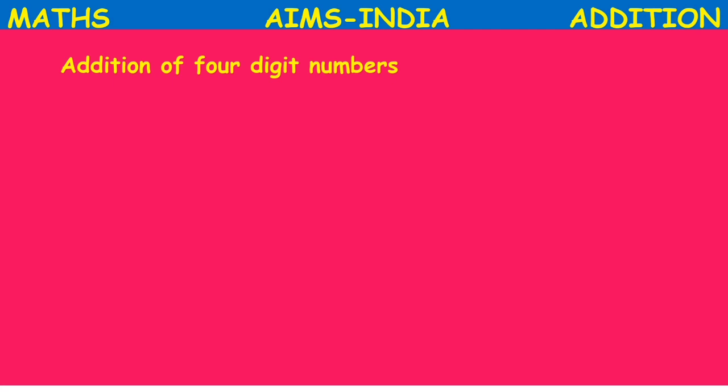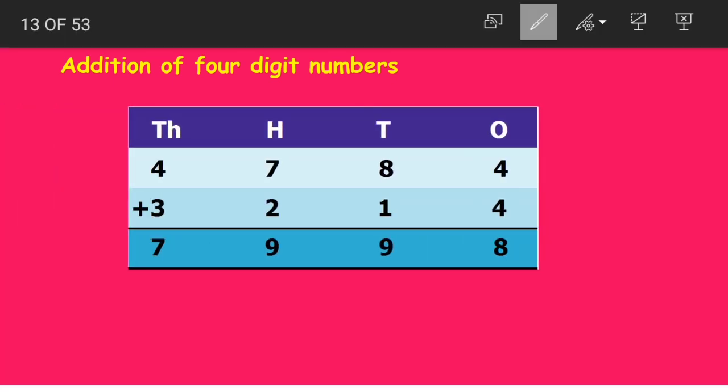You can simply pause the video and copy the questions in your notebook. Addition of 4-digit numbers. What we've learned till now is how to add 3-digit numbers, that is, up to the hundreds place only. Now we'll try adding 4-digit numbers which have the thousands place in them.